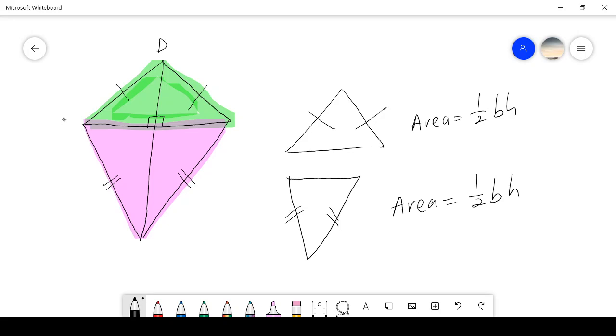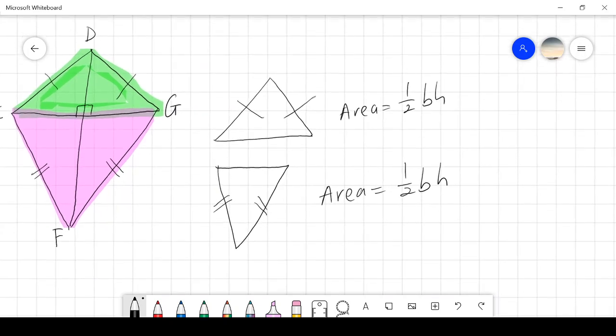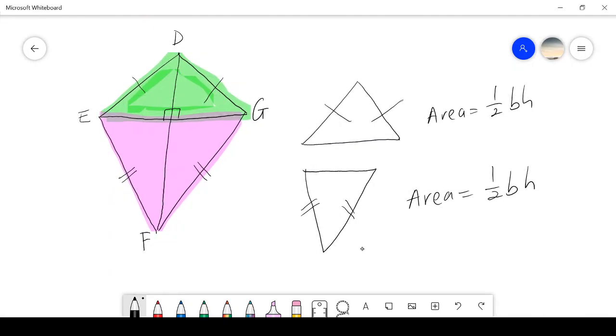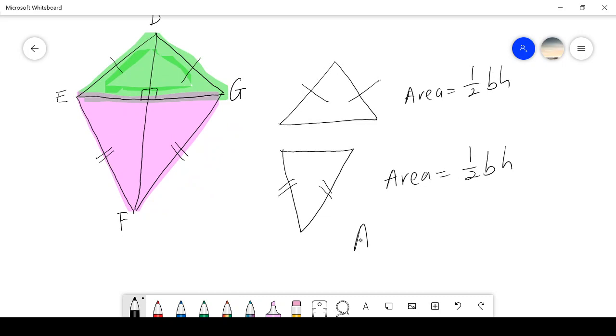D, E, F, G. So as I mentioned before, the area of a kite is going to be the area of one triangle.